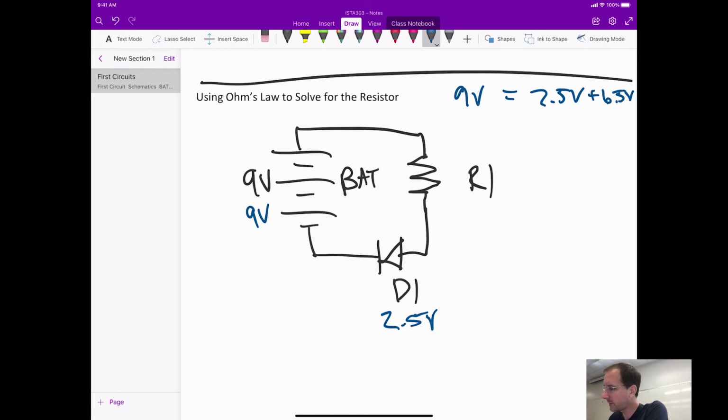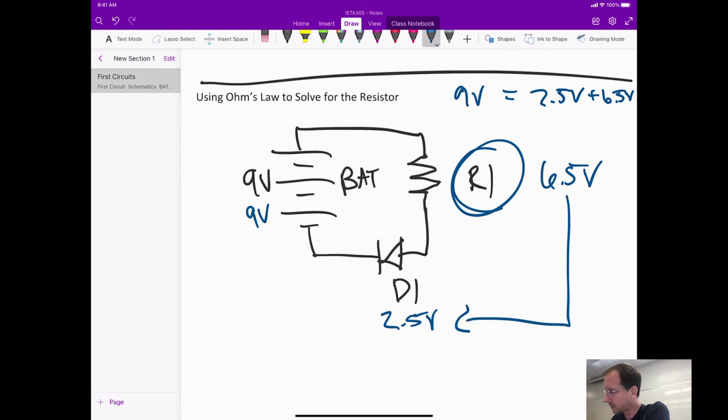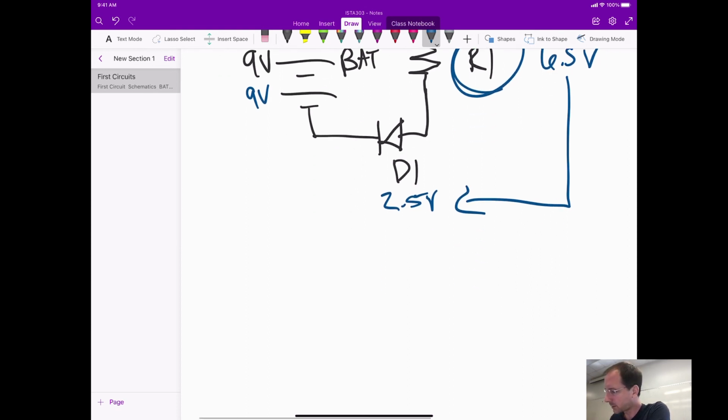And so that something is basically going to be the resistor here. We need to calculate a resistance so that this resistor uses 6.5 volts. That allows us to essentially set the voltage of the LED and generate a particular amount of light.